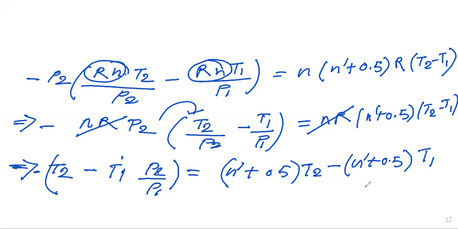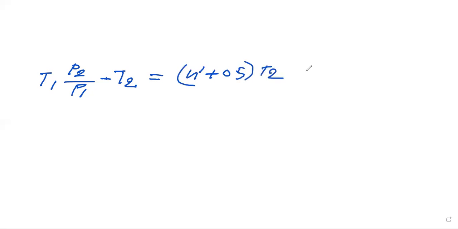Now we have to rearrange this equation again and separate T1 and T2. Now we have P2 by P1 minus T1 into P2 by P1 minus T2 equals (n dashed plus 0.5) into T2 minus (n dashed plus 0.5) into T1.